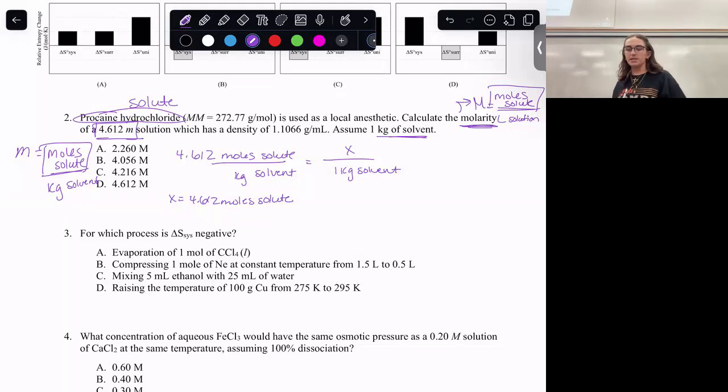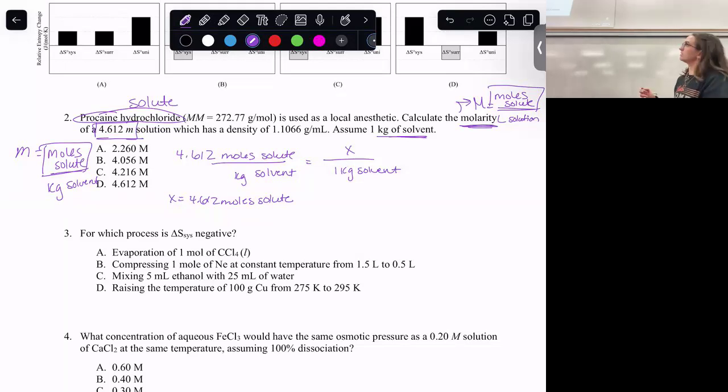All right, so then how do we get to liters of solution? Yep, and how are we going to use density? Yep, we need the molar mass. So how are we going to use our molar mass? Multiply which number?